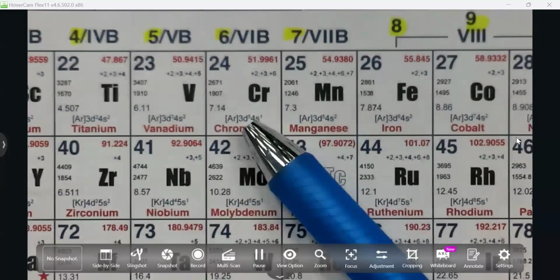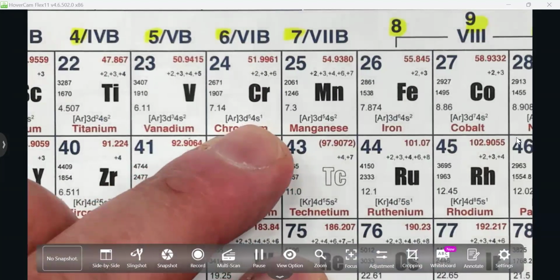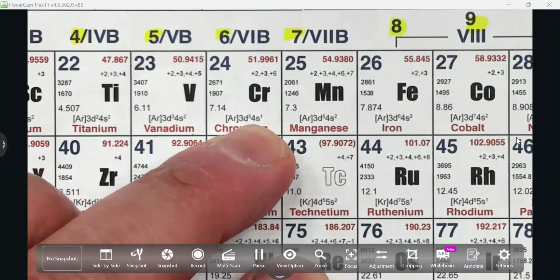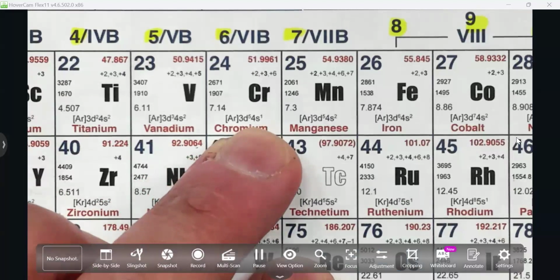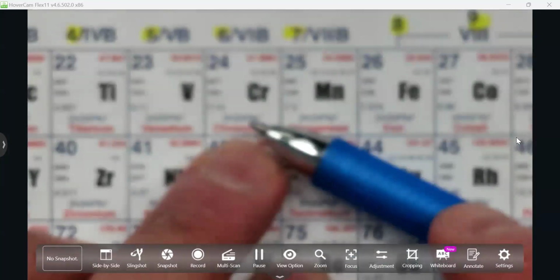Notice we predicted that it would be 4s2 3d4. That's what we wrote down. 4s2 3d4. But it's really 4s1 3d5.